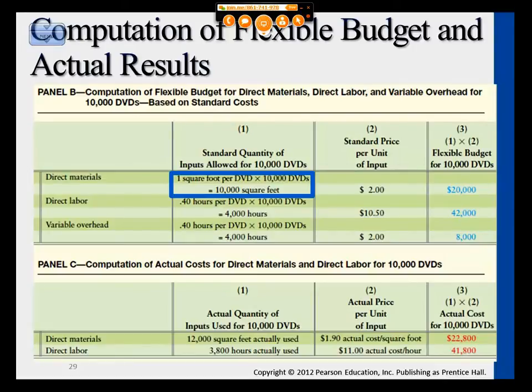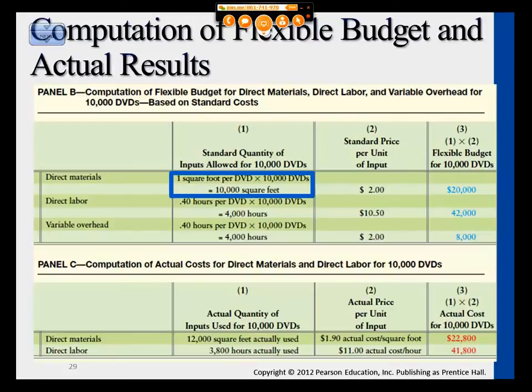Okay, so you also know your standard price per unit of output, which is for direct materials $2, direct labor $10.50, and variable overhead is at $2. So what you do, you take your standard quantity of input allowed for that amount of production, you multiply it by your standard price, and you get your flexible budget.